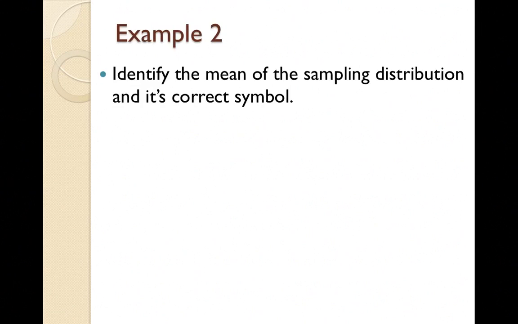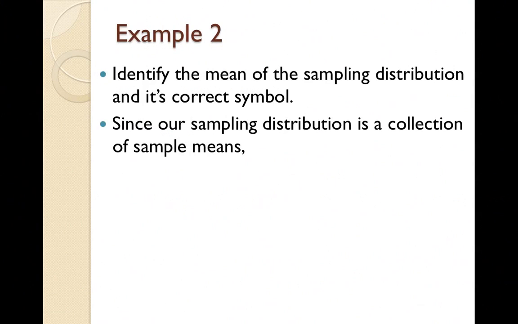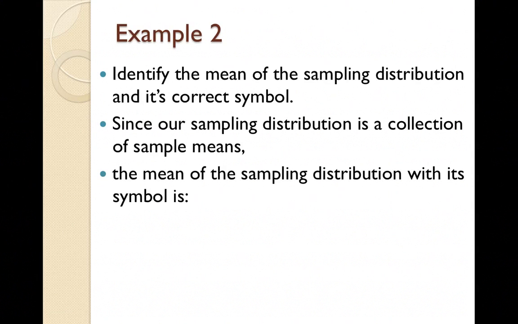The mean of the sampling distribution and its correct symbol. This is a sampling distribution of sample means. So the mean of the sampling distribution is mu sub x bar. Remember, mu sub x bar is the mean of all the sample means. The center of the distribution, the mean of all the sample means, is the same as the mean of the population.